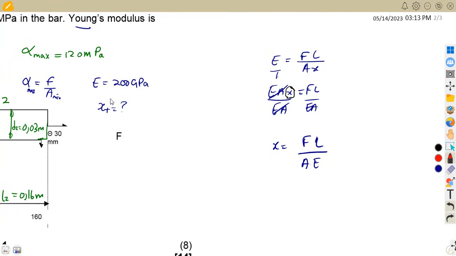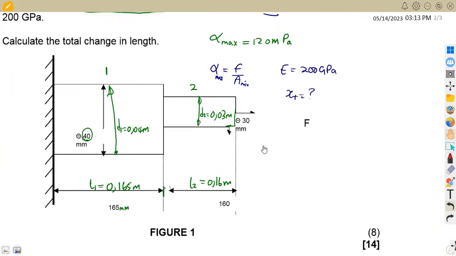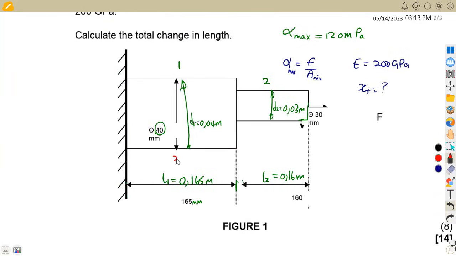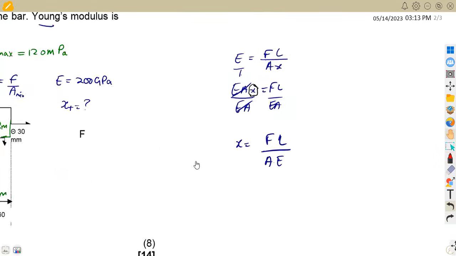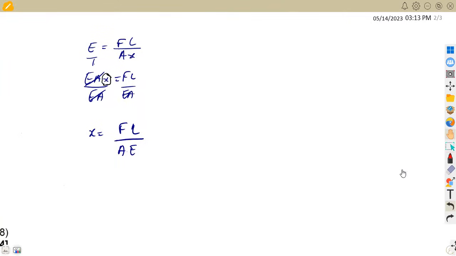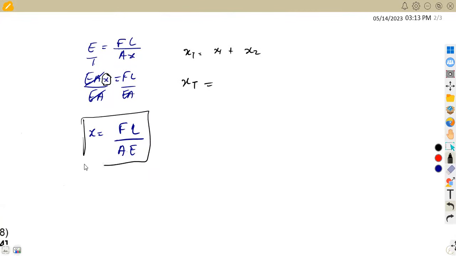But in this case, we are asked to calculate the total extension, which means the first portion has an extension and the second part has an extension. So the total extension is x1 plus x2. Remember that an extension is taken from FL over AE, the formula we manipulated.